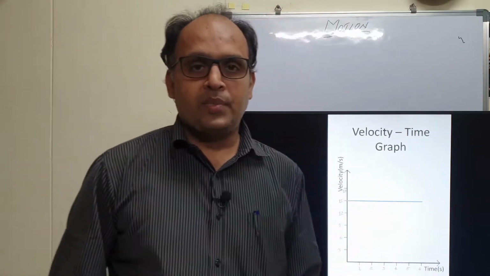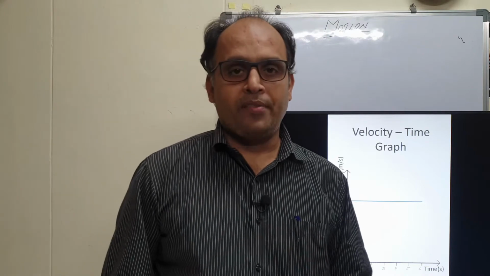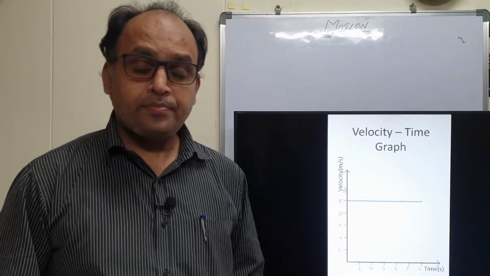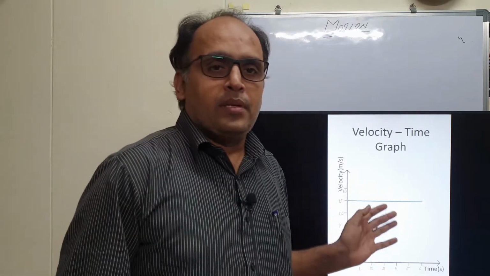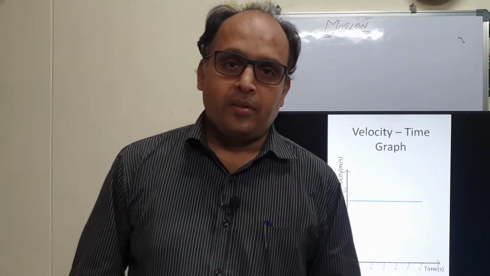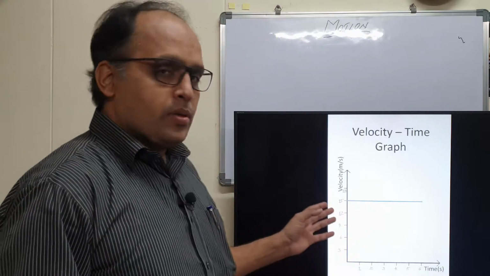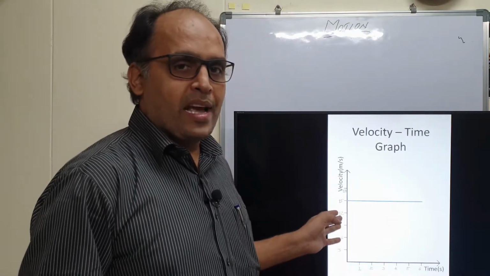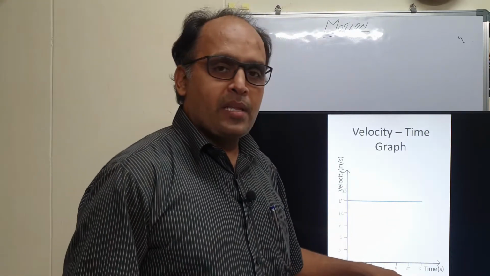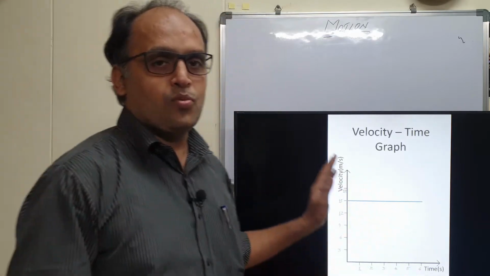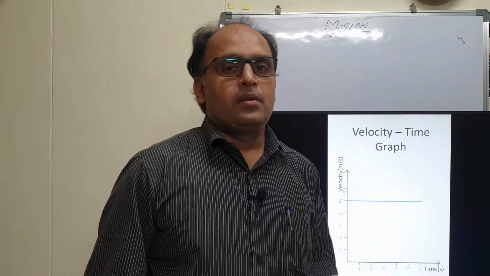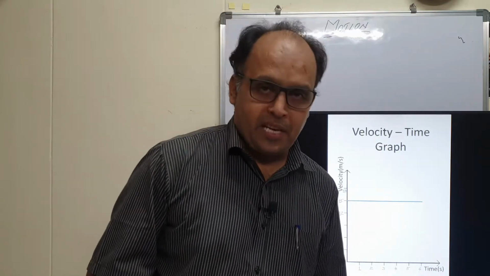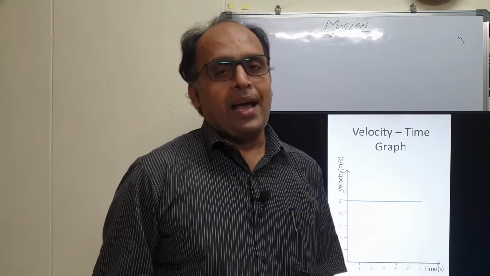Now, coming to the slope, what information can we get from this? We can actually get a lot of information from this velocity time graph. From the slope, that is the difference of coordinates on the y-axis divided by the difference of coordinates on the x-axis, that is velocity by time. We discussed that the ratio of velocity and time will give you acceleration.